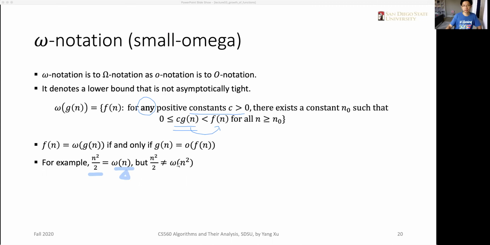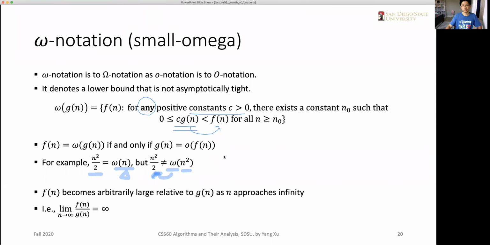But we cannot use the small omega of the quadratic function to describe the target function here. And using the language of limits, we can also show that because f of n is a very large function compared to g of n, the limit of f of n over g of n approaches infinity when n is sufficiently big.